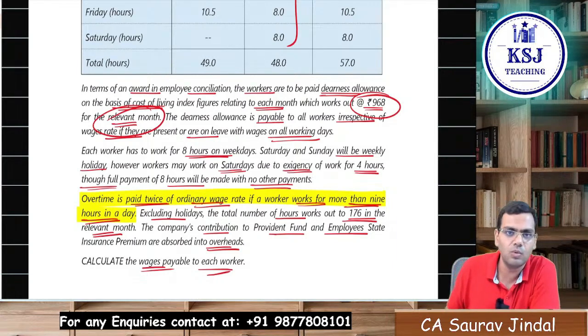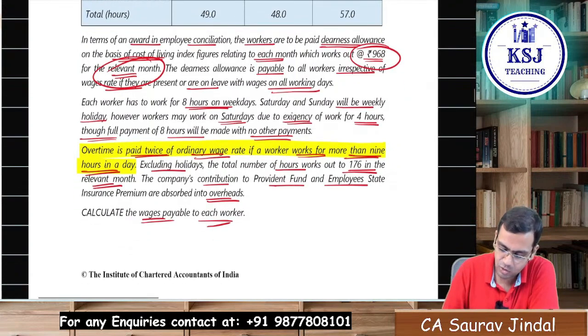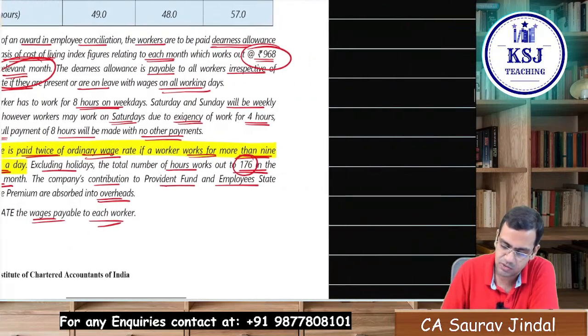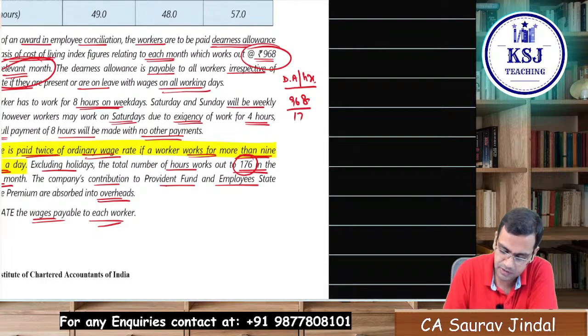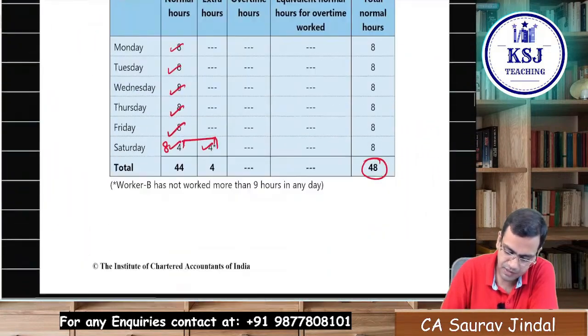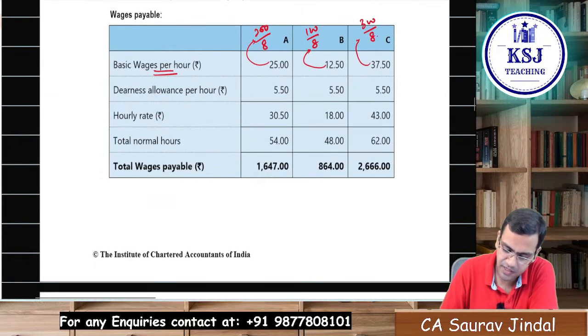So can you tell me what will be the DA per hour? The total number of hours is 176. So DA per hour will be 968 divided by 176, which comes to 5.5. Clear? So this 5.5 they have taken, the total hourly rate multiplied by the total normal hours gives the total wages payable.